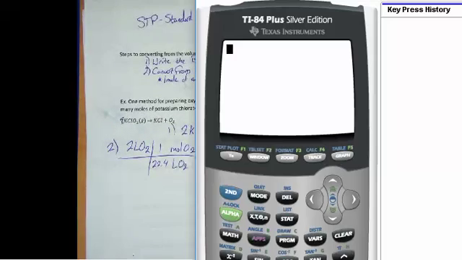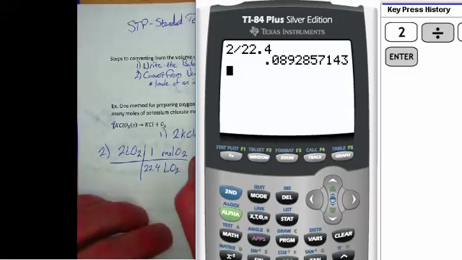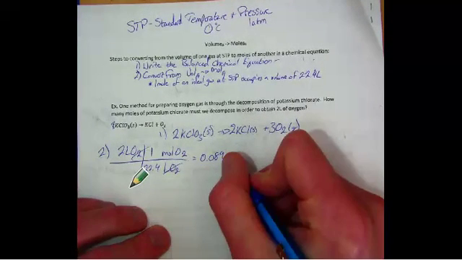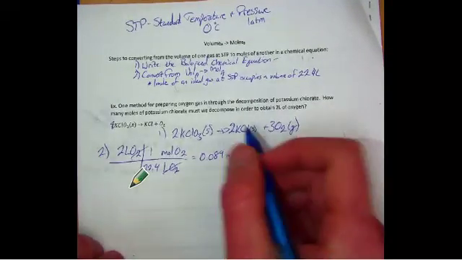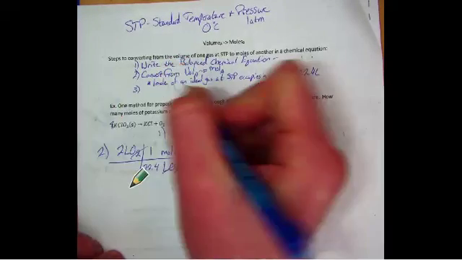All right, let's plug that into our calculator. We get 2 times 1 divided by 22.4 gives us 0.089. And this is moles of O2.